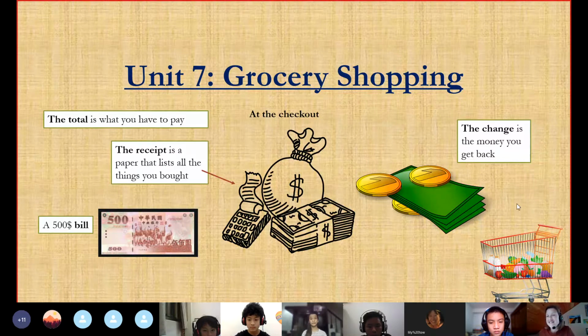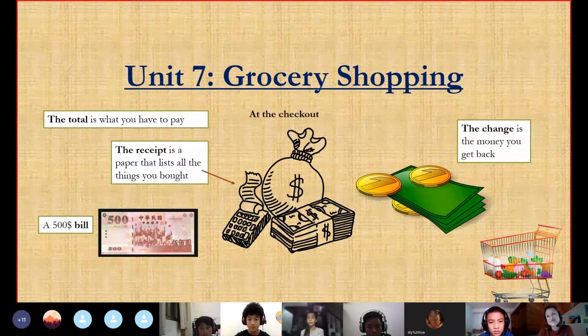Okay. And let's see, Dylan. So then what is the change in this case? The change is the money you get back. Very good.